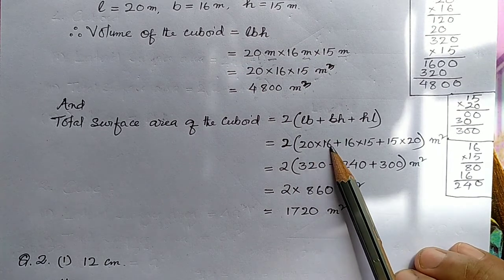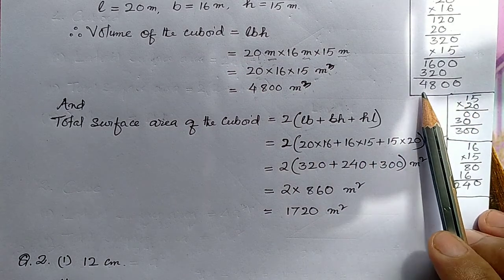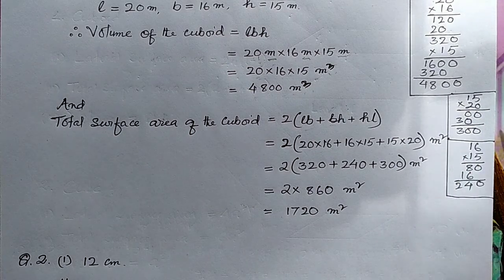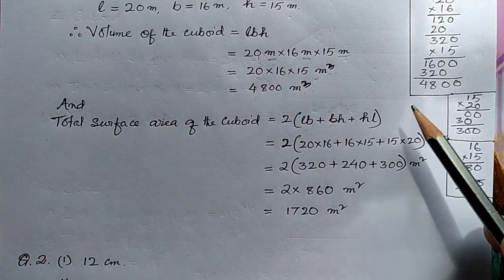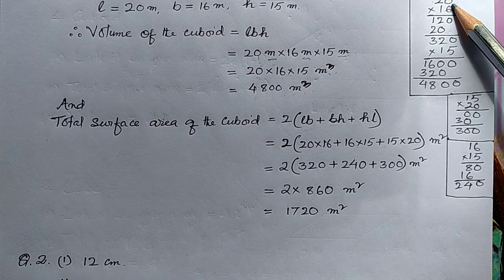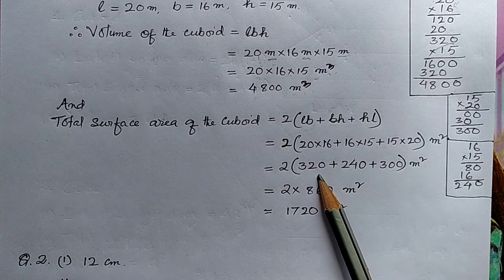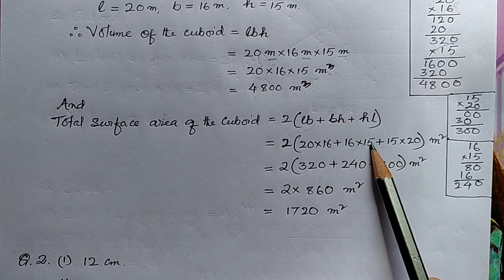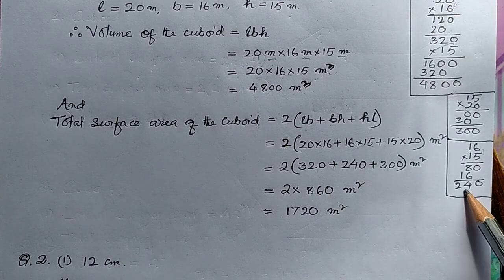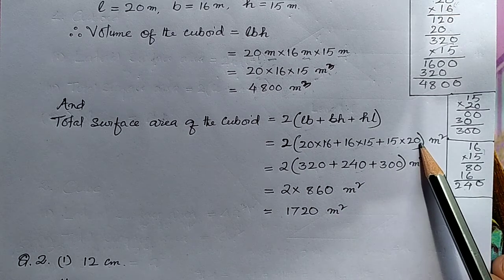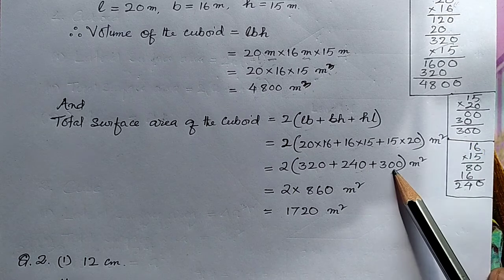The product of 20 and 16 is 320. The product of 16 and 15 is 240, and the product of 15 and 20 is 300.